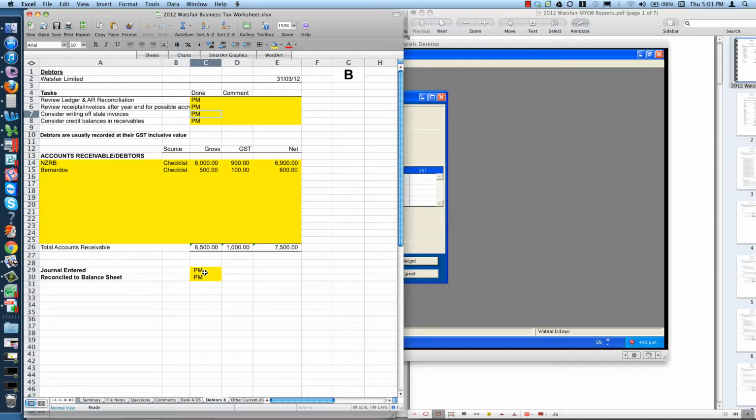We're going to look in our accounts receivable to make sure that there's nothing stale that indicates either it's uncollectible and might need to be written off, or that there's some bad processing going on. And we're also going to look to see if there are any credit balances. Again, they could indicate bad processing, or they could actually indicate liabilities rather than debtors. And if you find that, you might want to evaluate what the proposed adjustment is, make a note of it here, and then flick me an email.